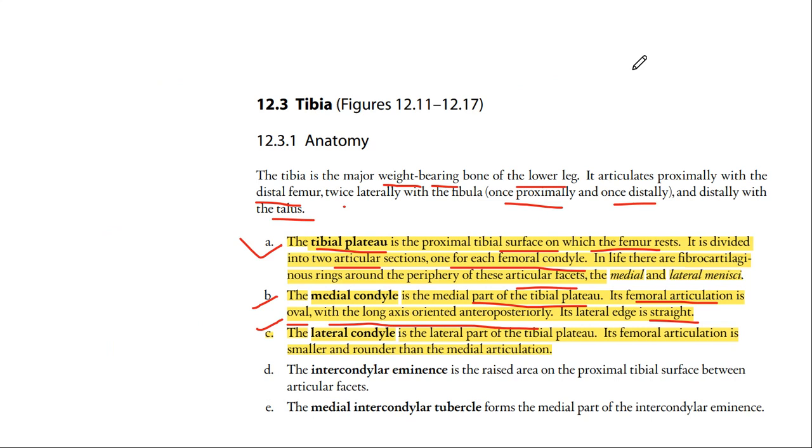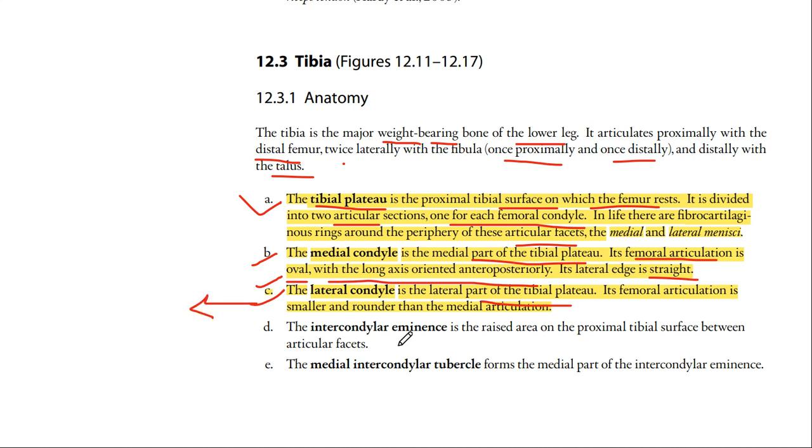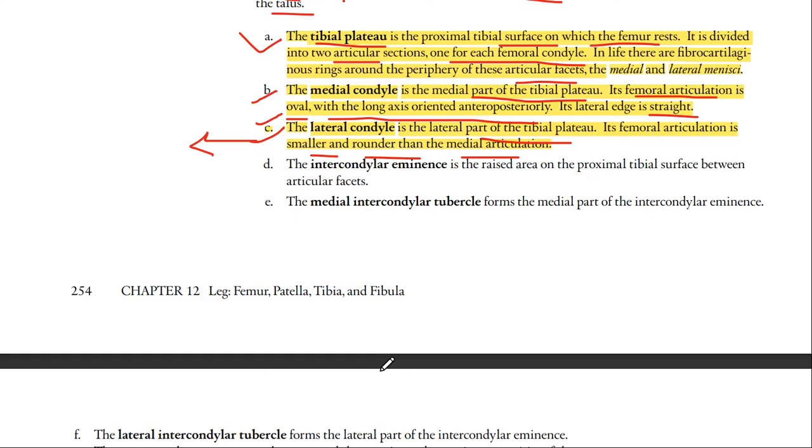When it was saying with respect to the medial condyle, the lateral edge of the medial condyle is straight, whereas when we took the lateral condyle, it's the lateral part of the tibial plateau, lateral as in directed outwards. Its femoral articulation is smaller and rounder than the medial articulation. With respect to the medial condyle, the articulation is oval in shape with a long axis, whereas this one is smaller and rounder.